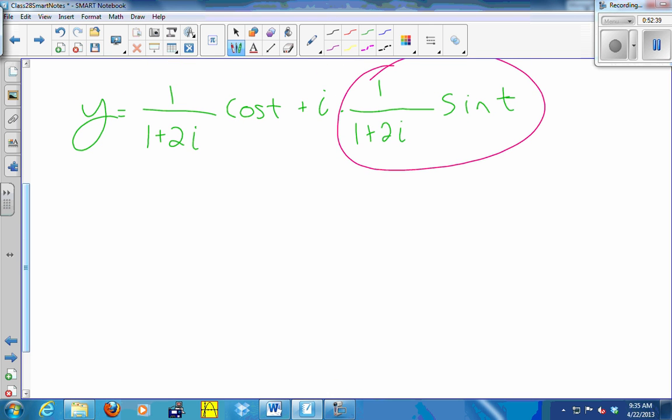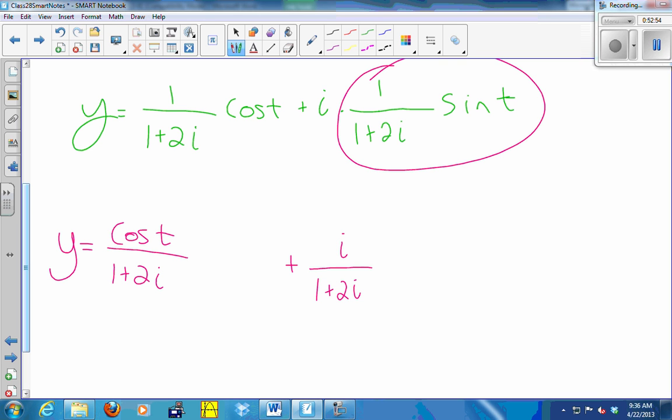Okay, so distribute. y equals cosine t over 1 plus 2i plus i over 1 plus 2i sine t. Let's make this i sine t.